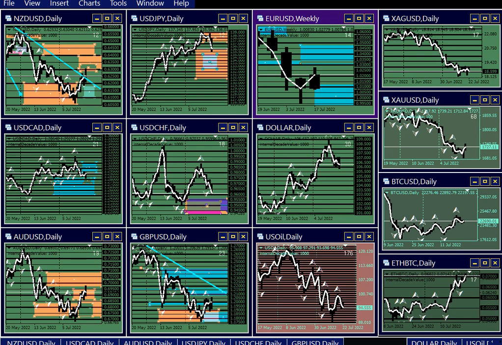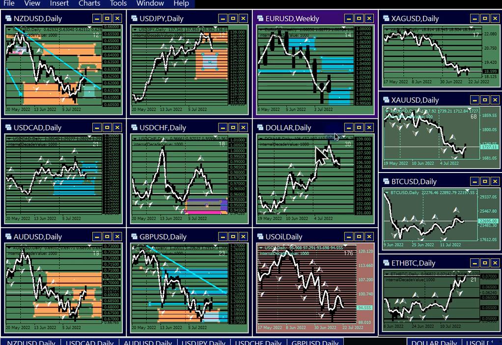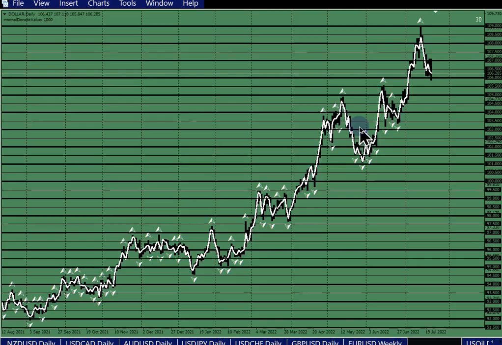Let's get to the dollar index, which I don't trade, but this is probably the easiest thing to look at. It's the smoothest data, I think. And this looks like it's ready for a tumble into this window.